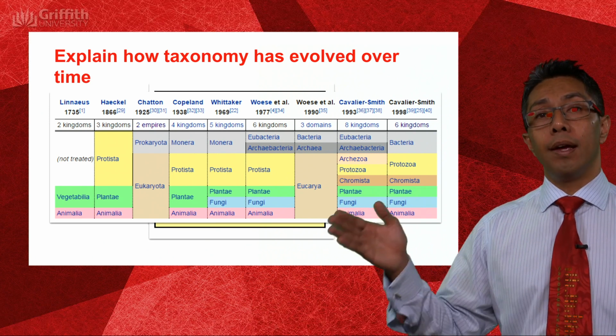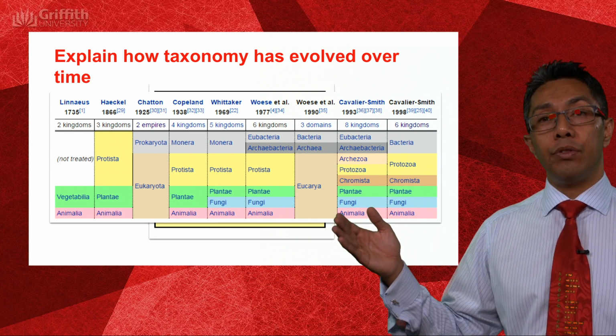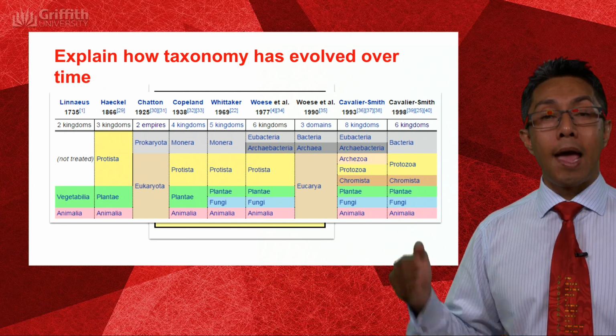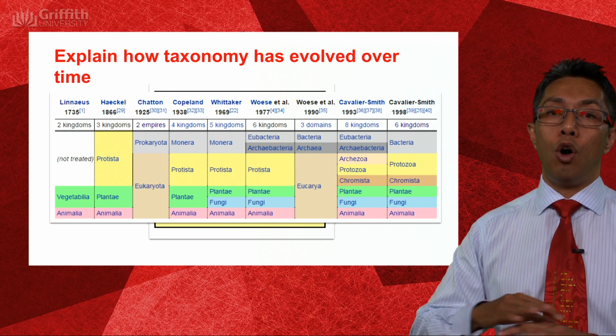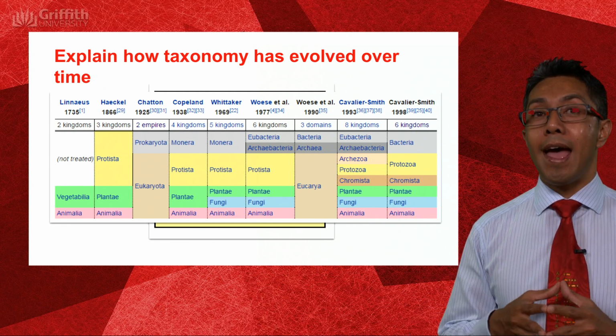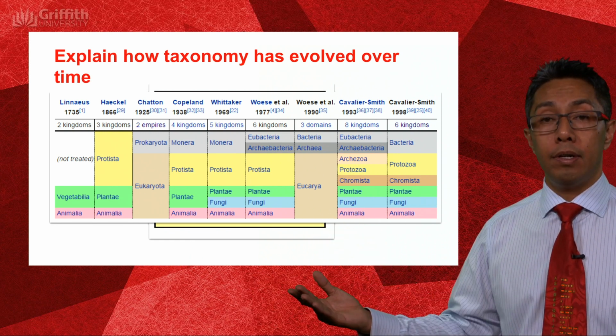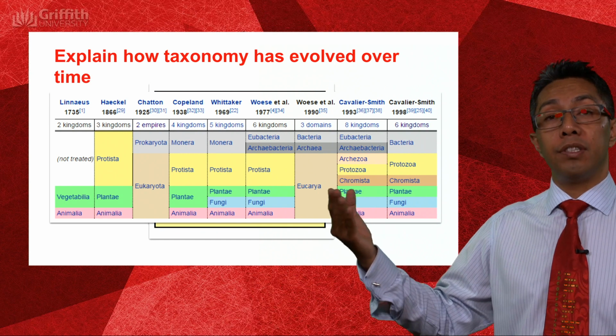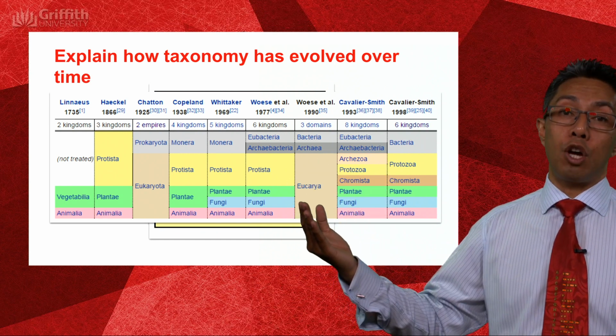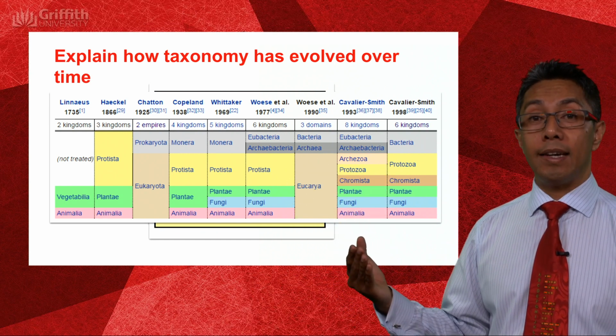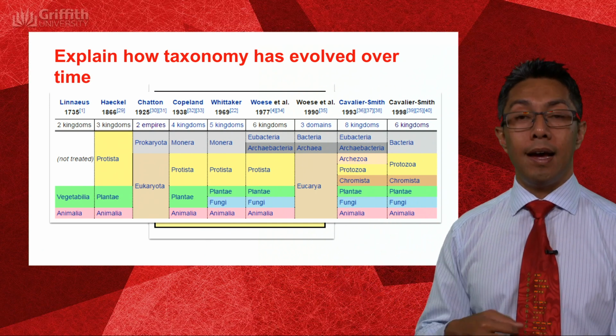Okay, so in Linnaeus' time, 1735, the microscope hadn't been invented, so the whole microscopic world hadn't been discovered. Well, that changed by the time that Haeckel came around, because by then, the microscope had been invented and we had discovered things like protists.